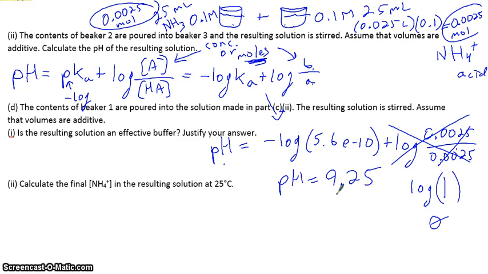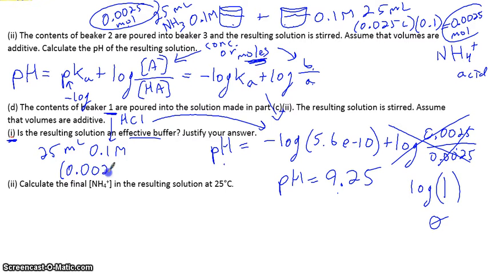So the next question is, is the resulting solution an effective buffer? Well, a buffer, remember, can neutralize either an acid or a base that was added. Wait a minute, we forgot to say that beaker 1, which has HCl, is now poured into this buffer solution. Now, because we have a buffer, the buffer will be able to neutralize beaker 1. However, in beaker 1, we have the same concentrations. Beaker 1 actually had 0.1 molar, just like all the others, 25 mL of 0.1 molar.